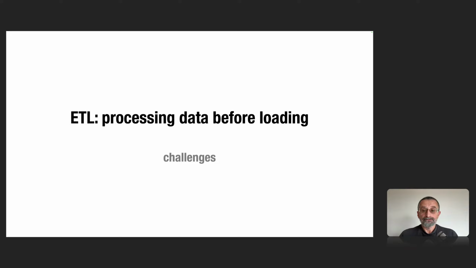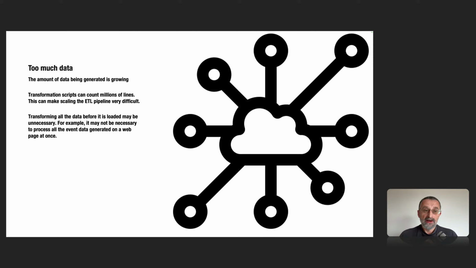What are the challenges of ETL, where we process data before loading? Extract, transform, load. Look, transform is before loading. What are the challenges? First, the most important challenge is too much data. In our corporate enterprise systems, the amount of data being generated is growing.